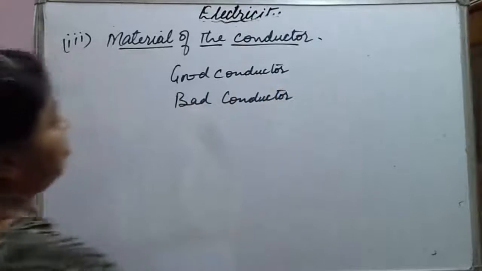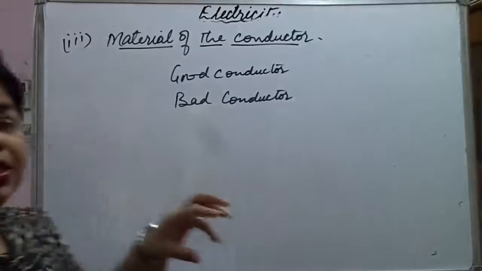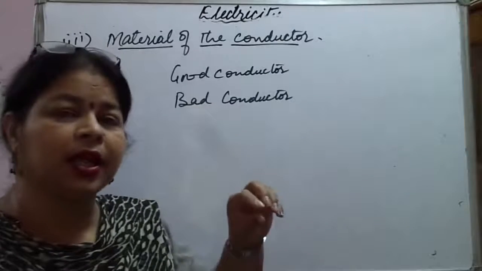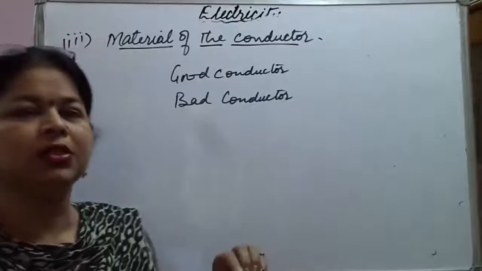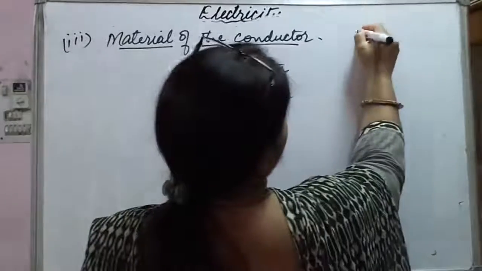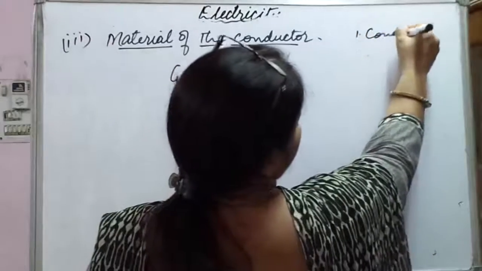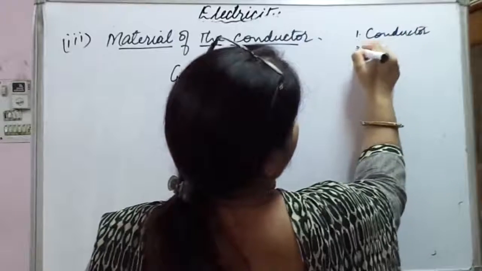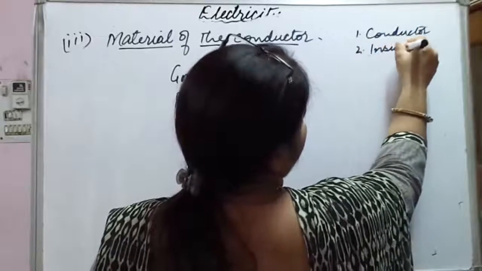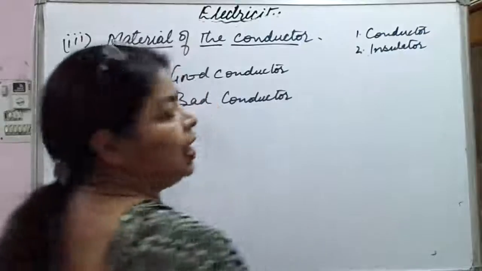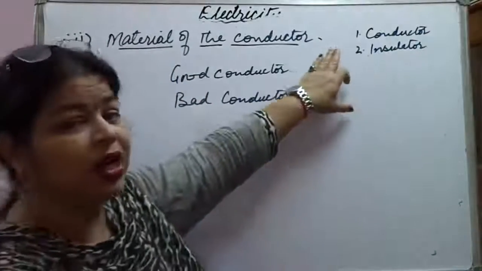On the basis of whether electricity can pass through or be conducted through the substance, we say either a conductor is there or an insulator.